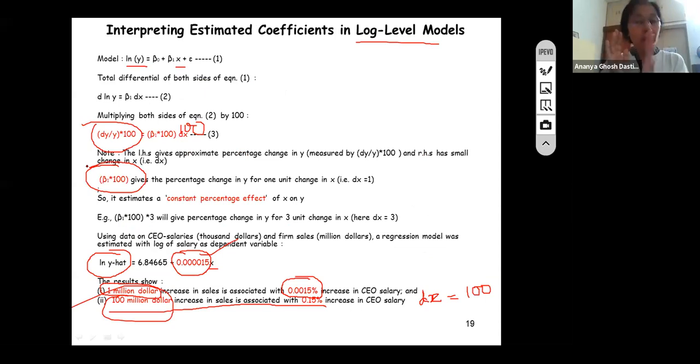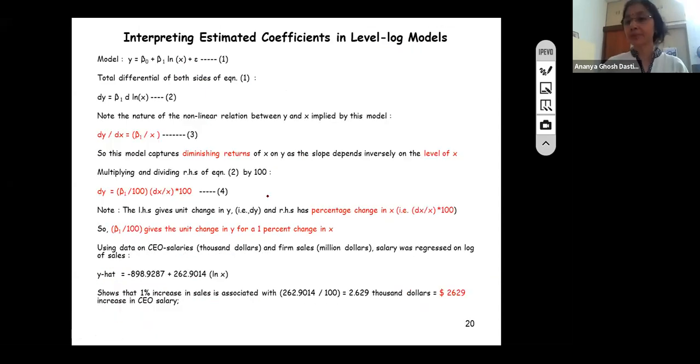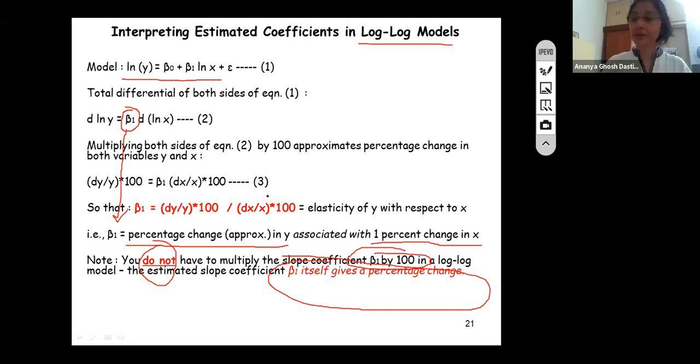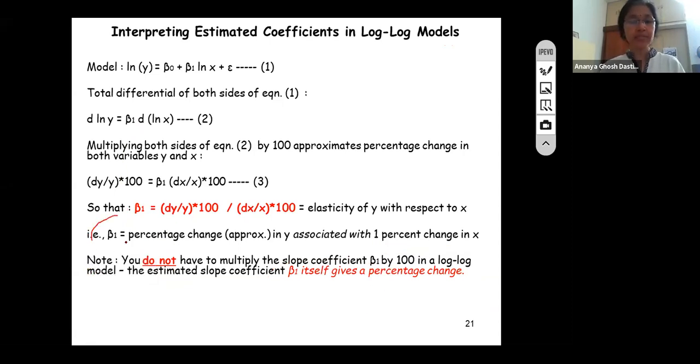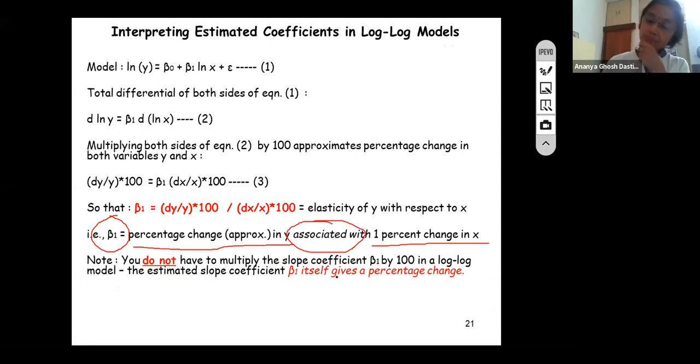But if you are estimating a log-log model, where both y and x are in log forms, then you don't have to multiply the estimated coefficient to get a percentage change. Itself, it is giving you a percentage change. It's telling you the percentage change in y which is associated with a 1% change in x. So beta 1 itself is the percentage change in y associated with a 1% change in x.